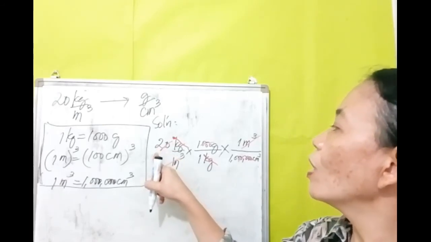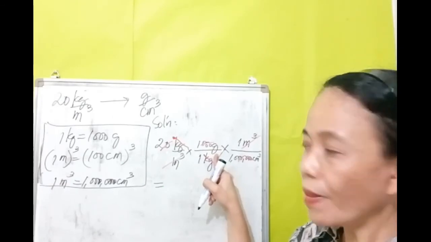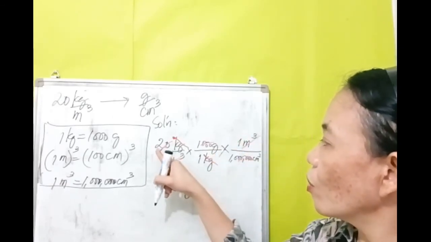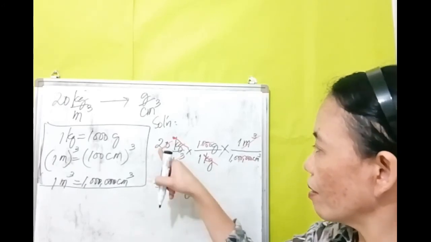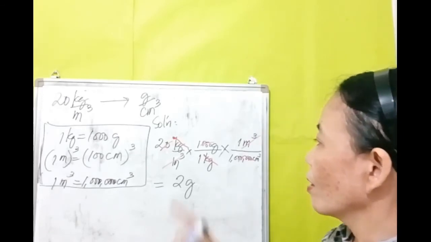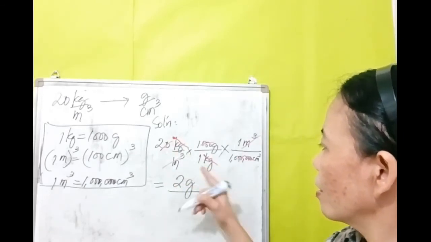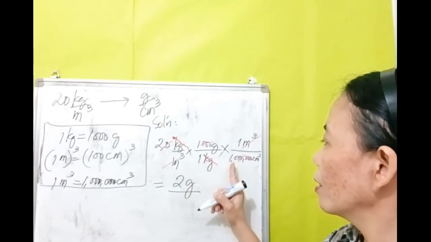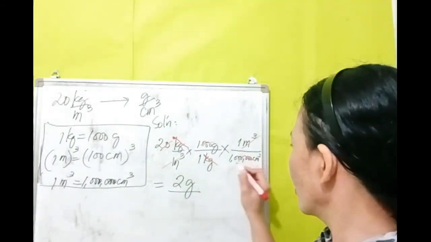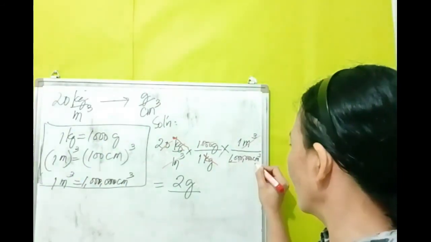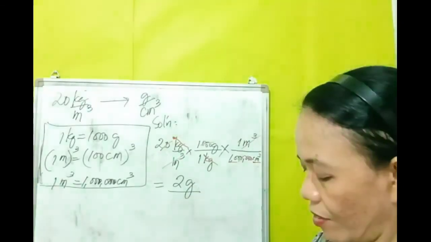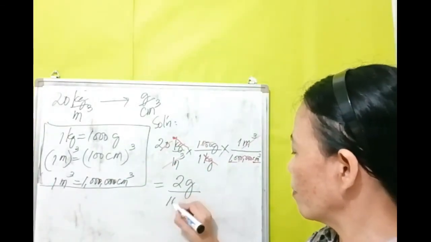So 2 times 1 gram times 1 is 2 grams, divided by 1 times 1 times 100 cubic centimeters.